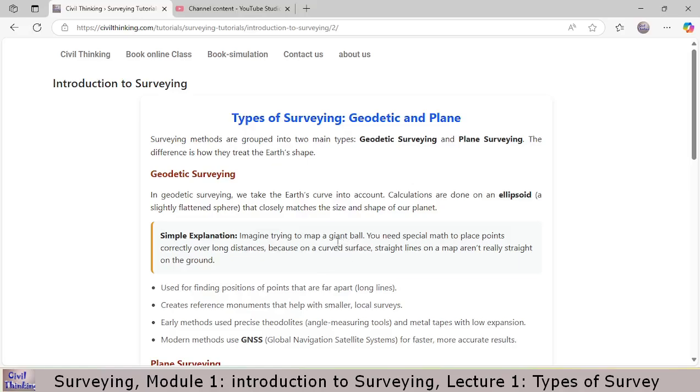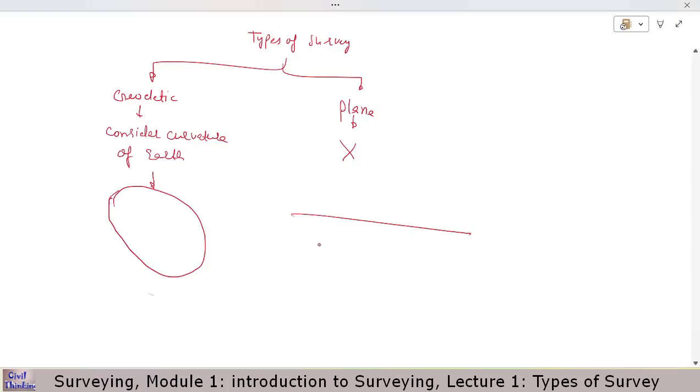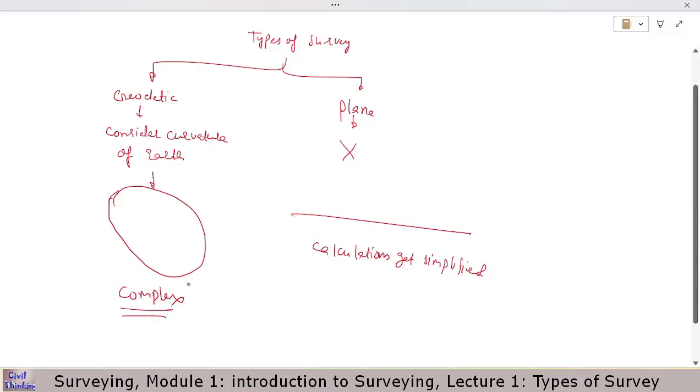We have talked about how the calculations get simplified. Why? Let me write: calculations get simplified here, and here the calculations are complex, a little bit complex. But if you are doing this on a computer, then it won't be complex anymore.